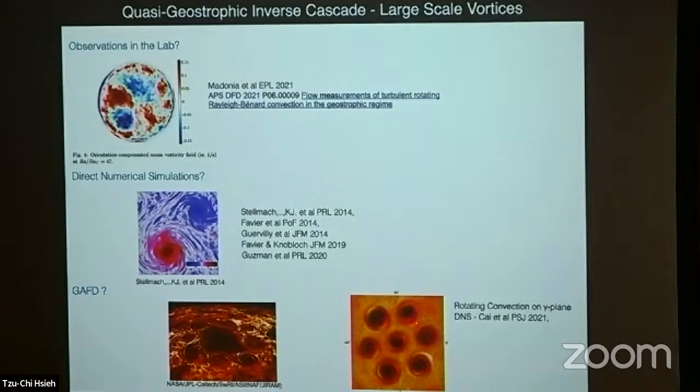It's complicated what they have, and this was an astrophysical situation, but they put this on a gamma plane. So rather than the beta plane, where Antoine was talking about a linear variation in the Coriolis term, you have a quadratic variation. They did that, and they're able to start reproducing these large scale structures.